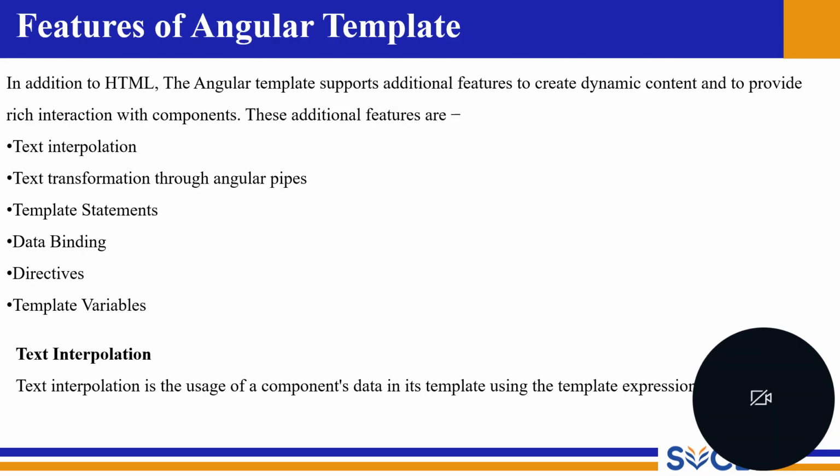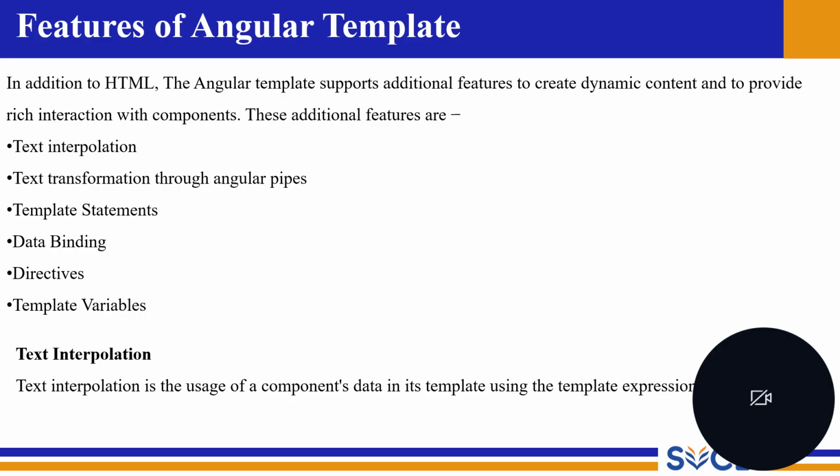So these are the features of Angular templates. The Angular template supports additional features to create dynamic content and to provide rich interaction with the component. The additional features are text interpolation, text transformations through Angular pipes, template statements, data binding, directives, and template variables.